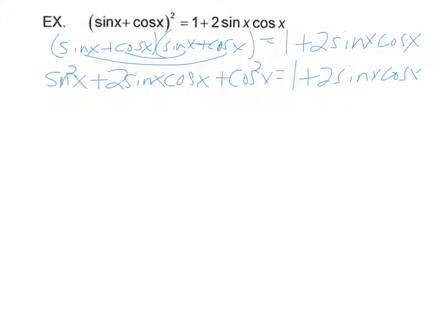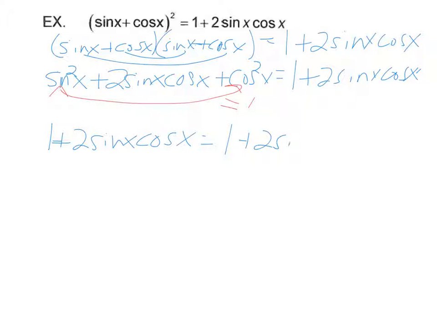On the left side, if I rearrange a little bit, I've got sine squared plus cosine squared, which equals 1. So 1 plus 2 sine x cosine x. Now the left side looks like the right side. And so that one's finished.